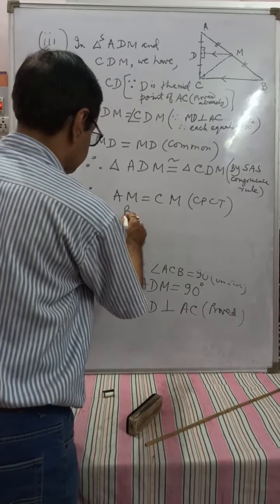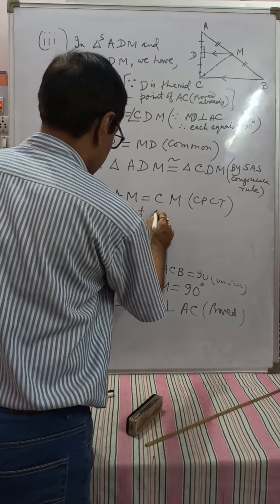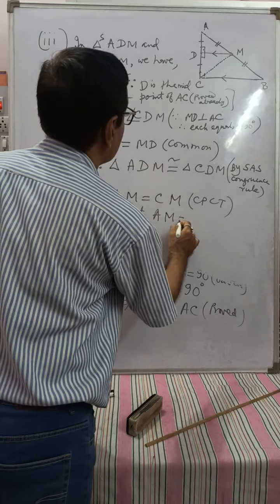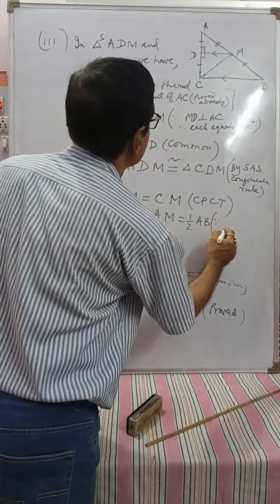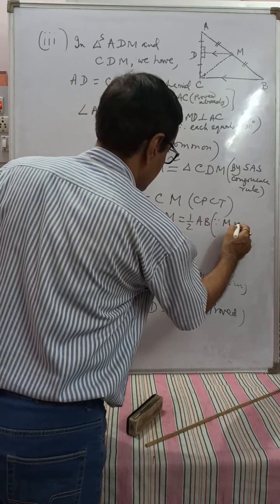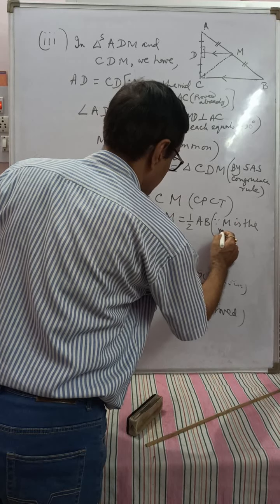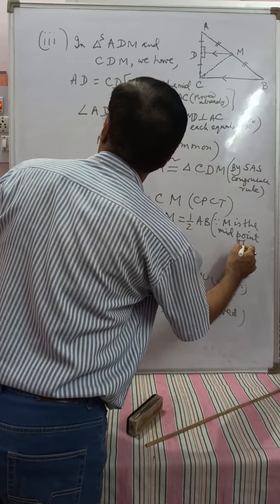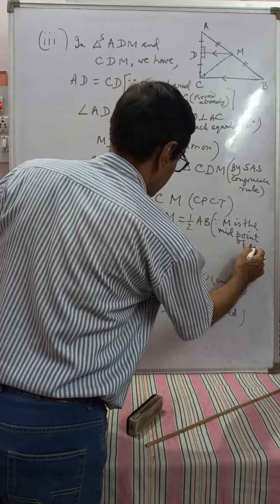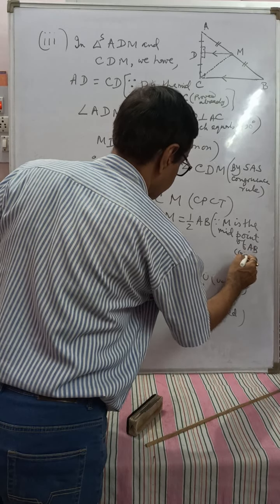But AM is equal to half of AB. Why? Because M is the midpoint of AB. It is given.